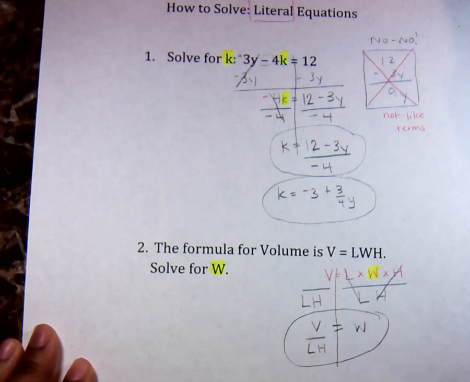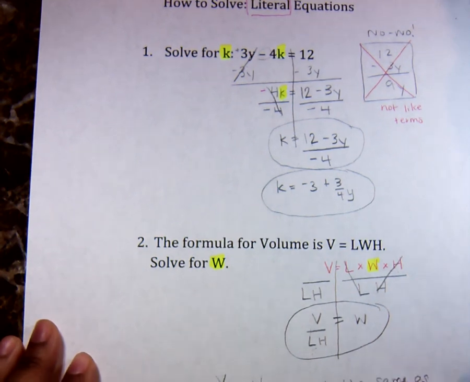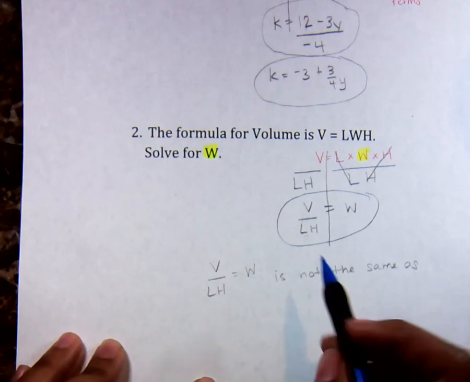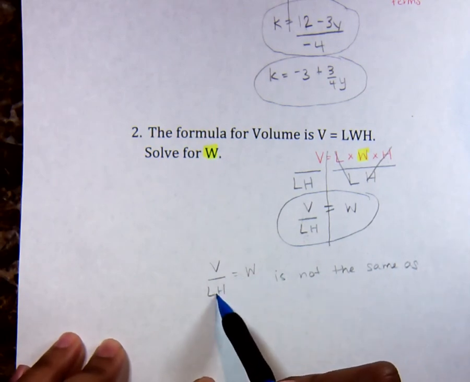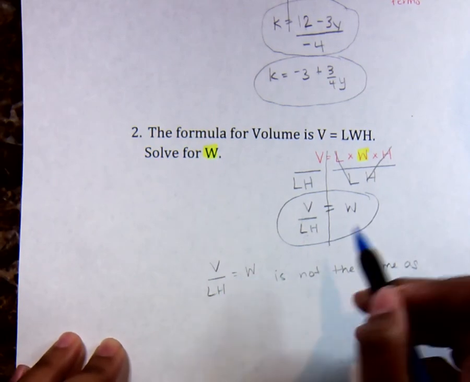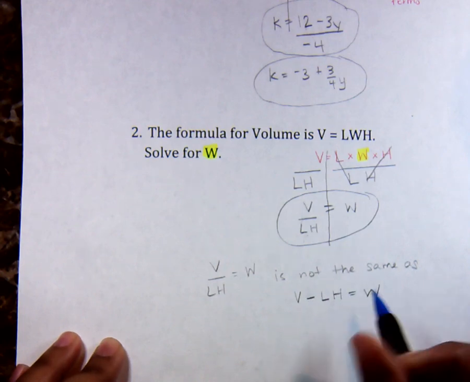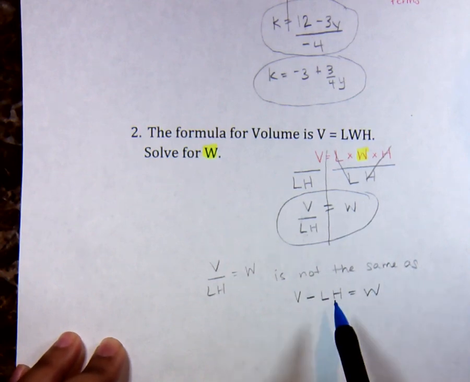Please note that W equals V divided by LH is not the same as V minus LH equals W. This is not the same as this.